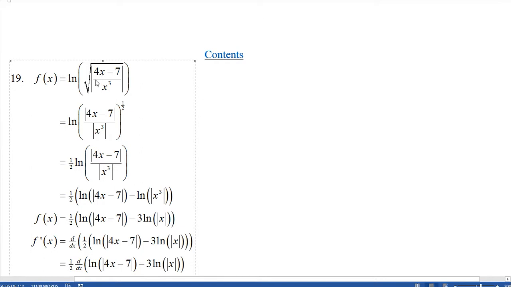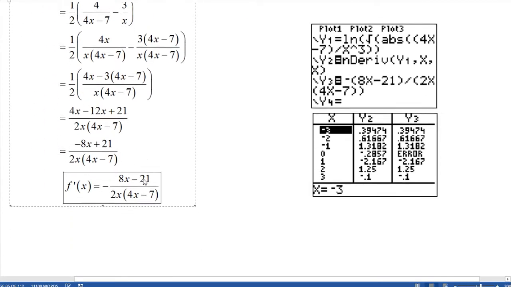But logarithm of 0 is undefined. Anything else we put in, we're going to get something here when we do the fraction. Absolute value will make it positive, so the square root will be defined and positive, and the logarithm of that will be defined. So the only places it's undefined are when x is 0 and when x is 7/4.